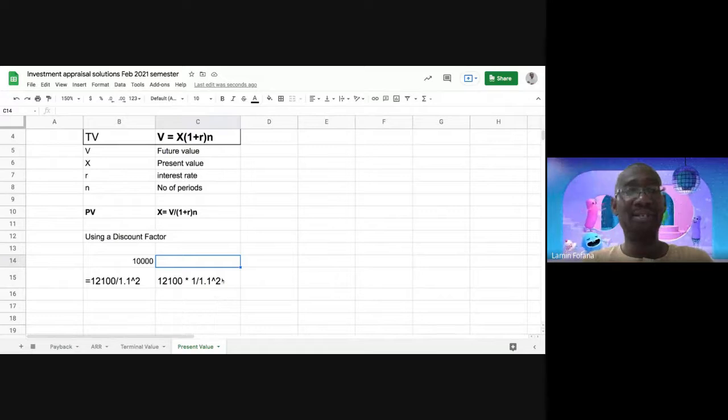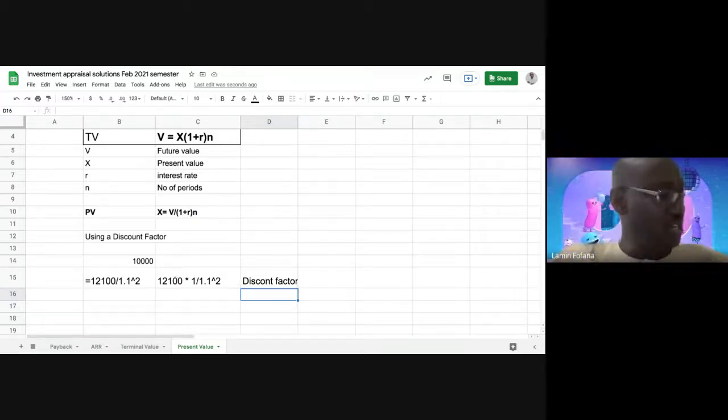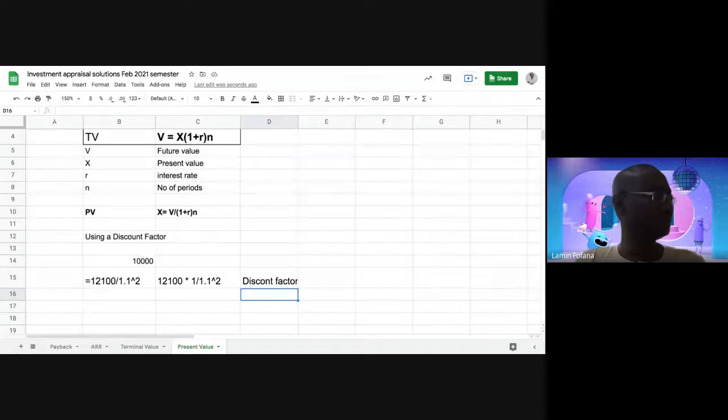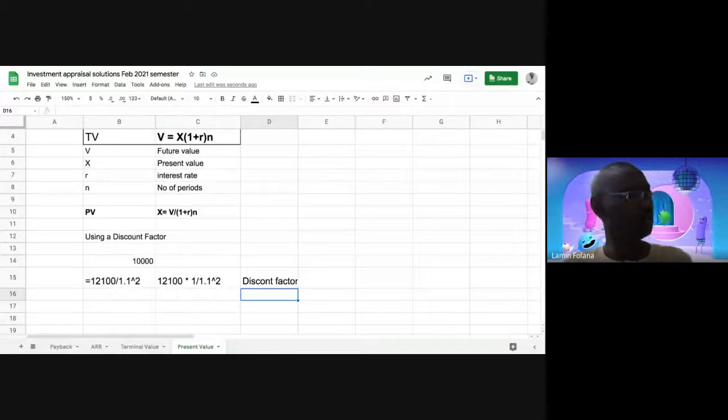So if you have 1 divided by 1.1 raised to power 35, that will always be your discount factor, and you just multiply by your future value. Is that not easier? Yes, that's a lot easier.